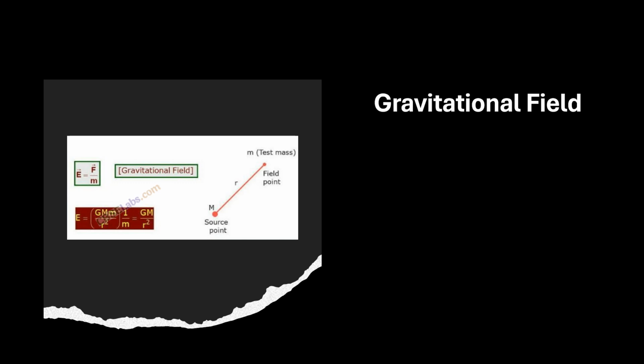The work done in carrying a mass m from infinity to a point at distance r is called gravitational potential energy. Thus, gravitational potential energy equals gravitational potential into mass of the body. It is a scalar quantity and measured in joule.